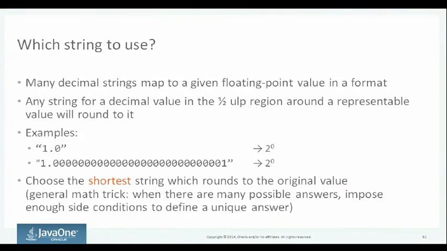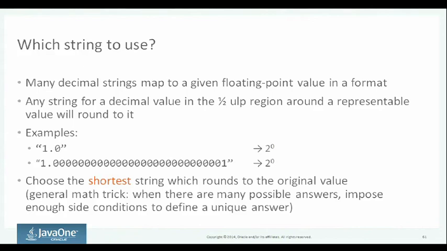Now, as we've seen, there are many values that will map to the same floating point number. So that means there are many decimal strings that represent potentially the same floating point value. We have that whole region around a number that will round to it. So there are multiple strings, for instance, that would round to a floating point value equal to 1. We could have 1.0 as well as 1.000 and so forth.